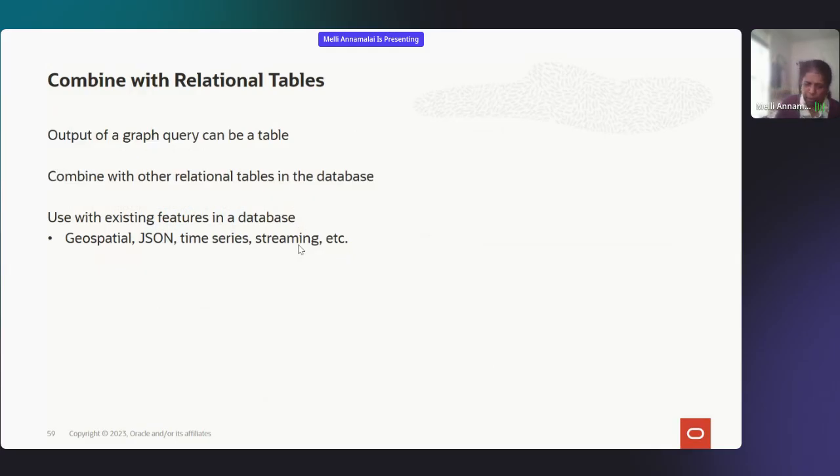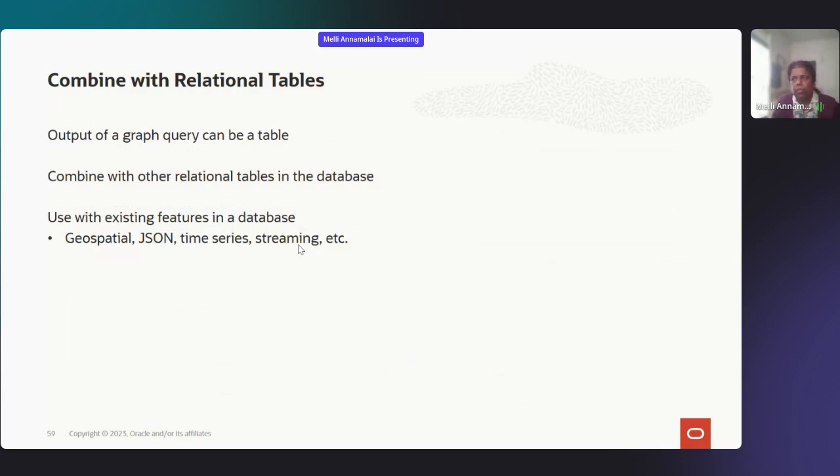First using PGQL, but also with SQL, you can do this very nicely, because when you run this select on this graph, the graph query output is actually another table. And then it can be combined with other relational tables. You can just do joins on a graph query result with other tables. Think about how powerful that can be.